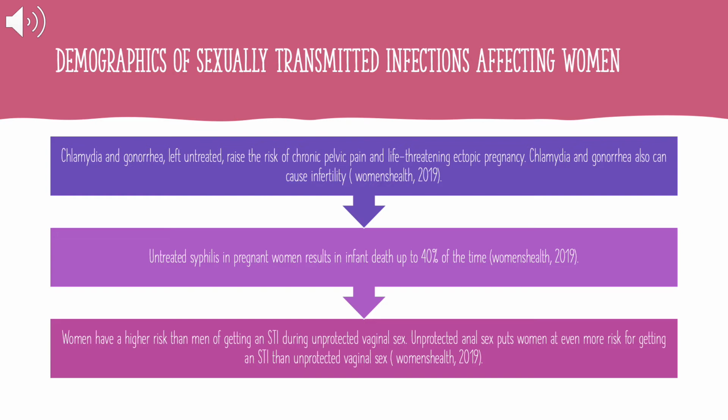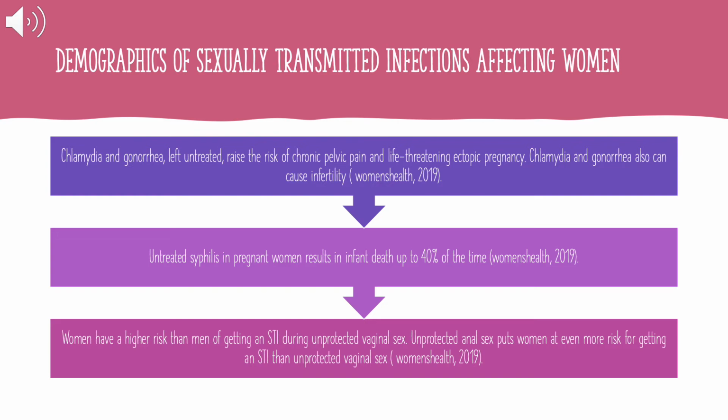And women, the penis is inserted in the vagina, and it's basically breaking a barrier, because inside the vagina it's very susceptible to receiving infections, and men not so much. Even though men still do get it, it is more prevalent in women that they get an STI over men.